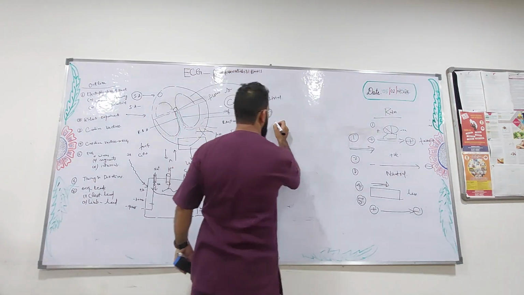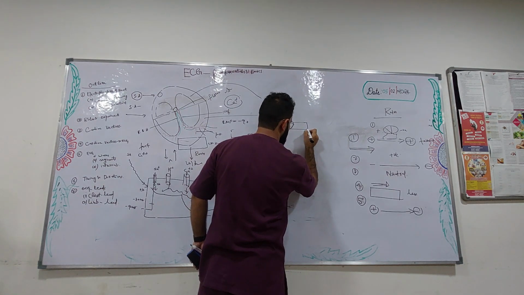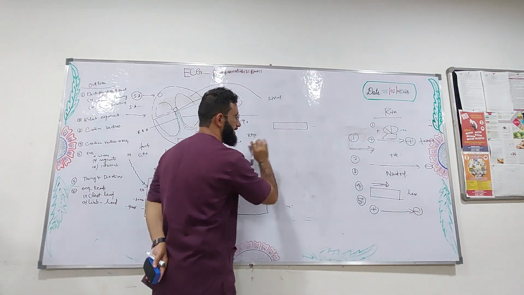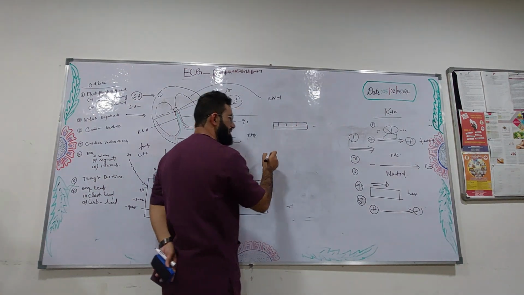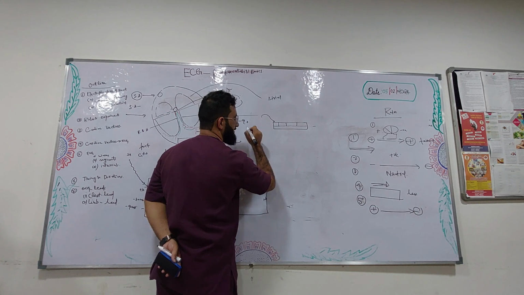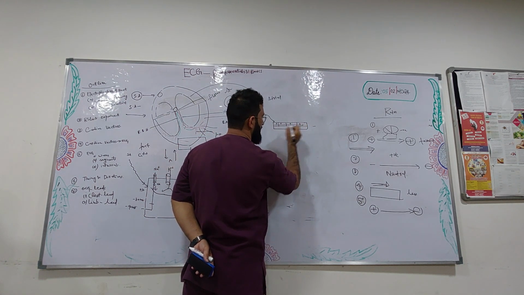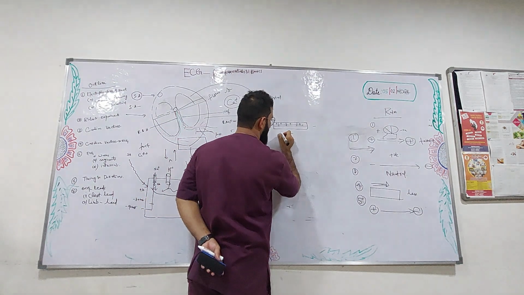See, this is the area of this myocardium. When this gets depolarized, it will produce a vector.